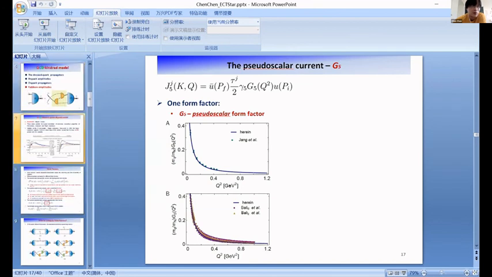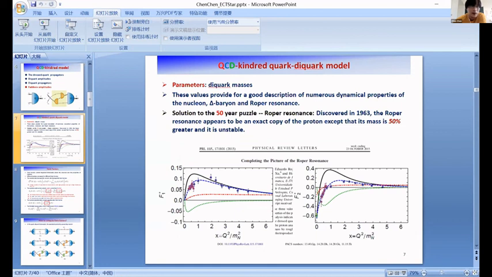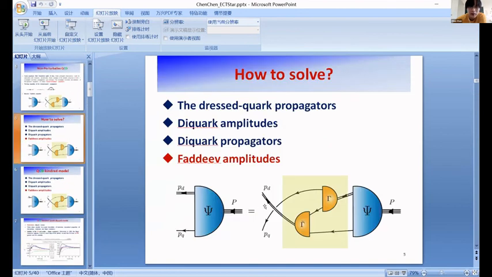In this model, the diquark masses are parameters. They are not computed. We put the diquark masses in our model and finally solve this Faddeev equation. They are not computed.